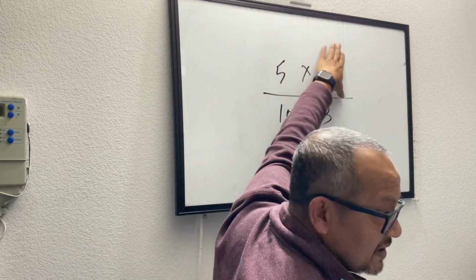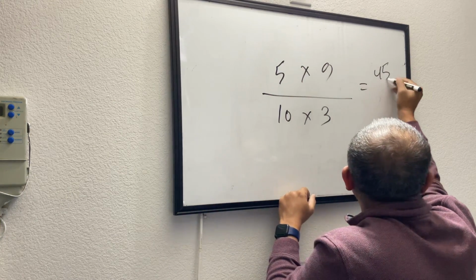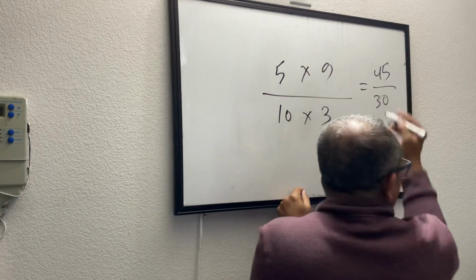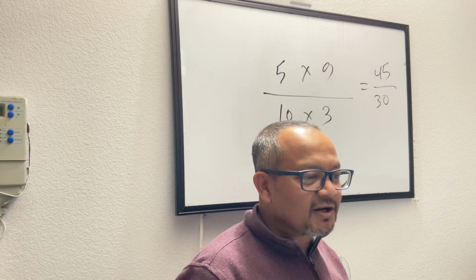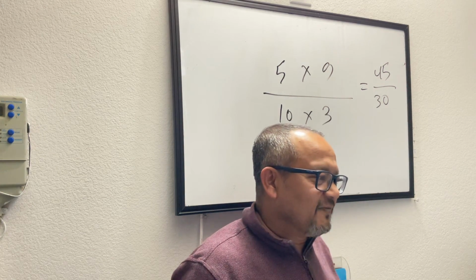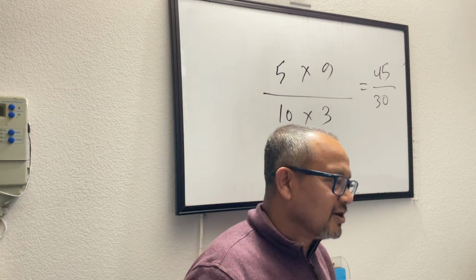You have to multiply these two. This becomes 45. And multiply these two, this becomes 30. But that is not fun. Bigger numbers are not fun. We have to try to find ways to make them simple, smaller, right?